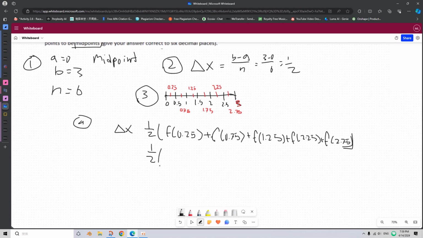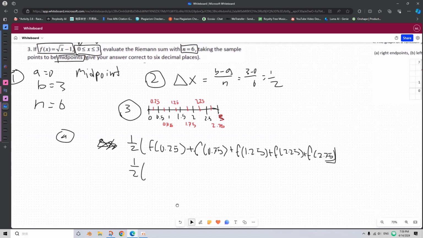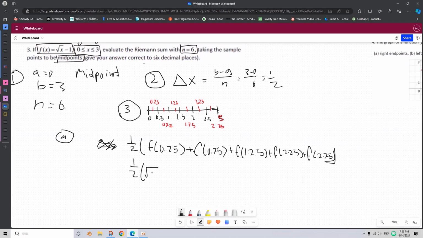1 divided by 2. Okay, look at the formula. It's pretty annoying to do these, but you have to do them. It's not hard, it's just tedious.